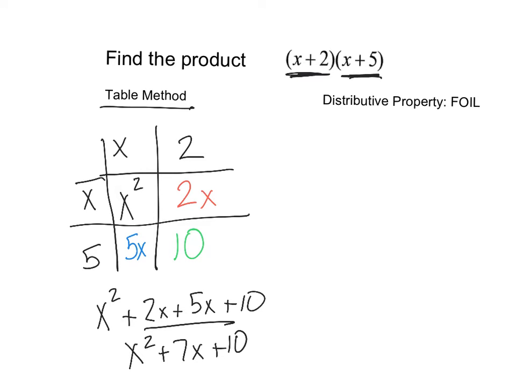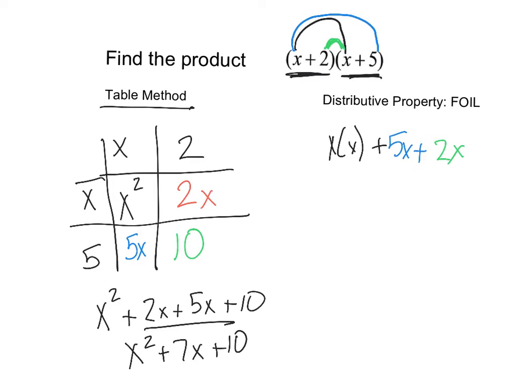Okay, now let's do it using the FOIL method. First, x times x plus outer. Your x and your 5 are your outers, 5x. Inners. First, inner, outer, last. So inner, 2 times x is 2x.